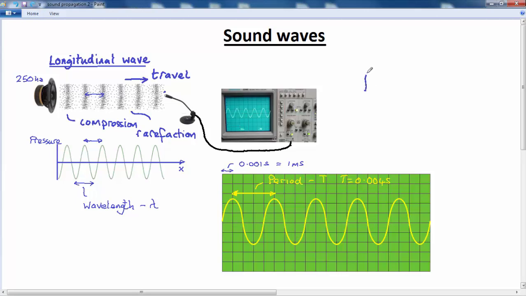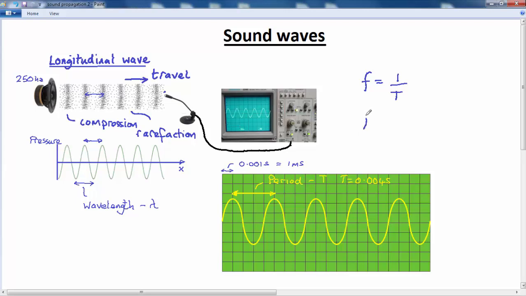So the frequency of a wave is equal to 1 over the period of the wave. Knowing the period, by measuring it on the oscilloscope, we can calculate the frequency that's being produced by this speaker.